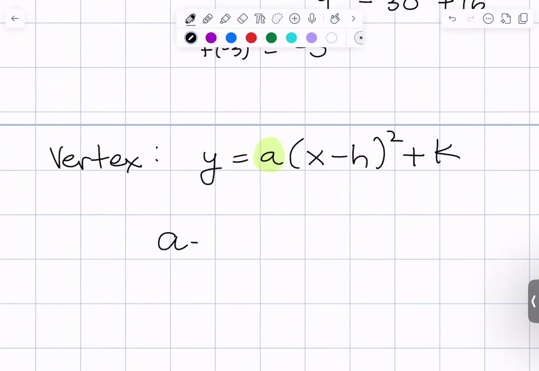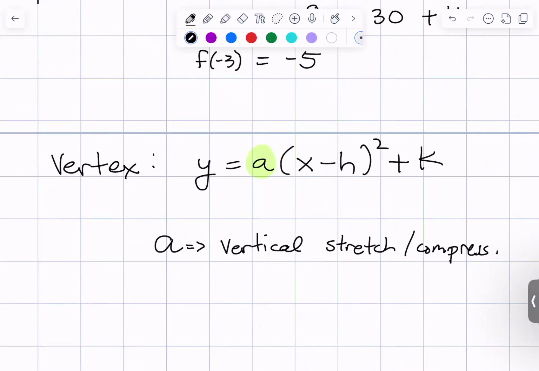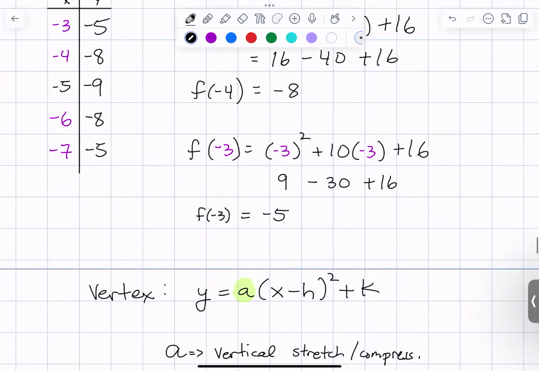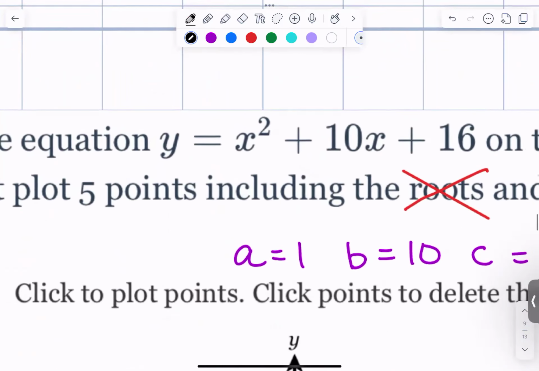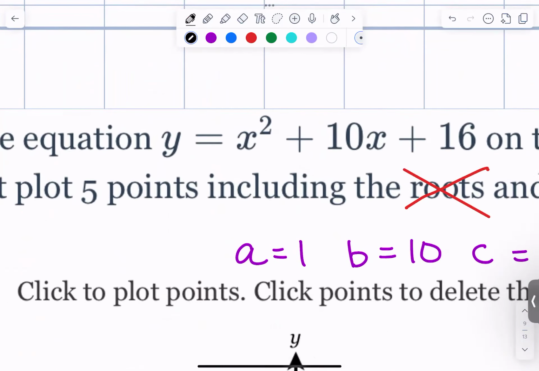My a is a vertical stretch or compress, correct? So if I have an a value of 1, remember it's ax squared.